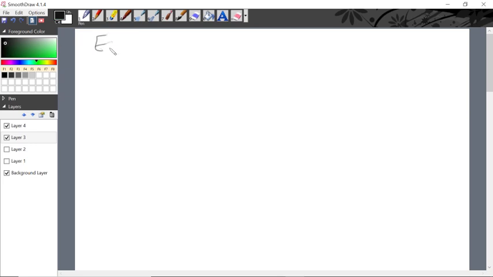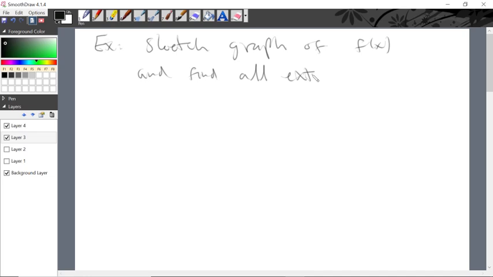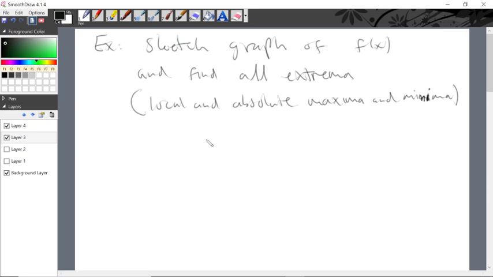So, example: sketch the graph of the function f of x and find all extrema, that is, all local and absolute maxima and minima. Let's find all of those after we sketch the curve.